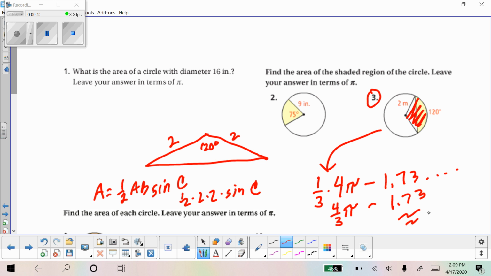About 2.45. Say 4/6 rounded. Now, since it says leave your answer in terms of pi, that means there must be another way to look at this area of this triangle without needing to use trigonometry. And actually there is. And so let's do it that way also.